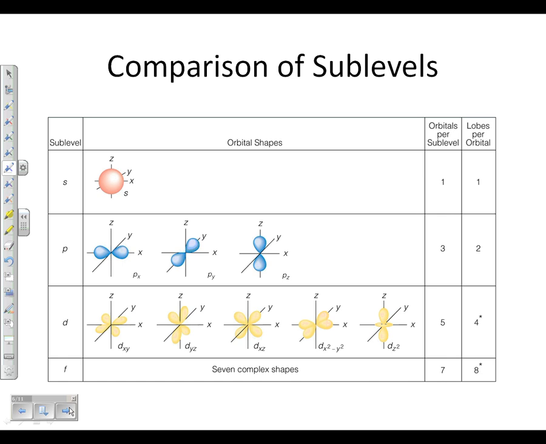S is the spherical one. That's the one that's sort of the first sublevel within that main level. And then I told you there was one that looked kind of figure 8-ish, yes? We refer to that as a p sublevel.